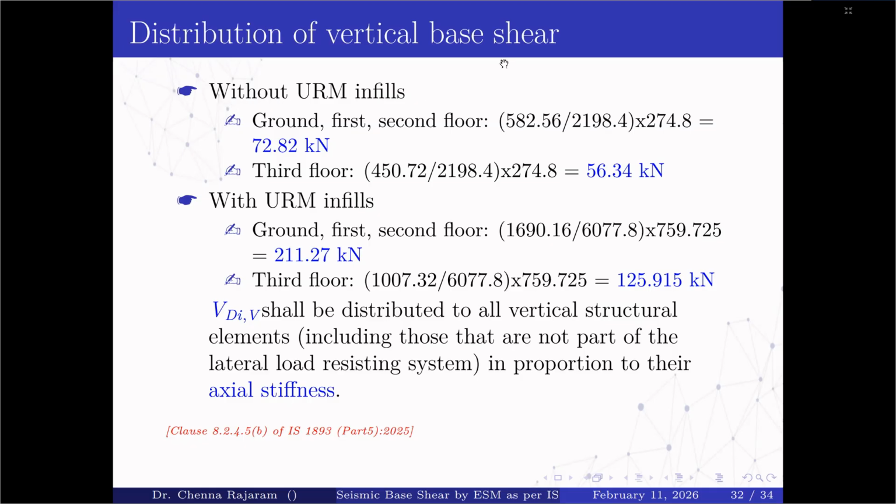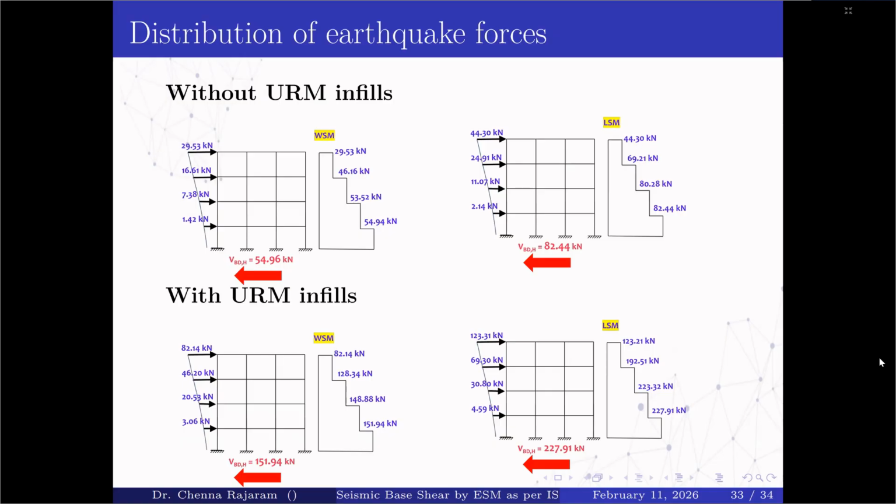Now the vertical base shear values without URM infills and with URM infills. So this is the summary of the distribution of forces with URM infills and without URM infills.